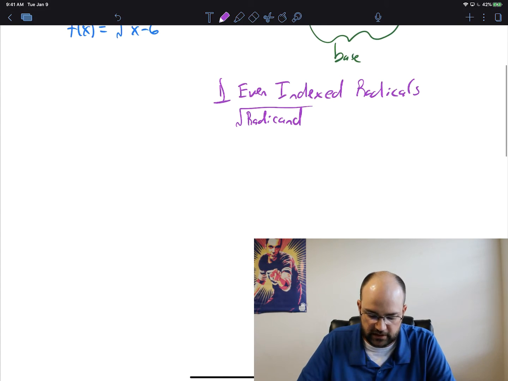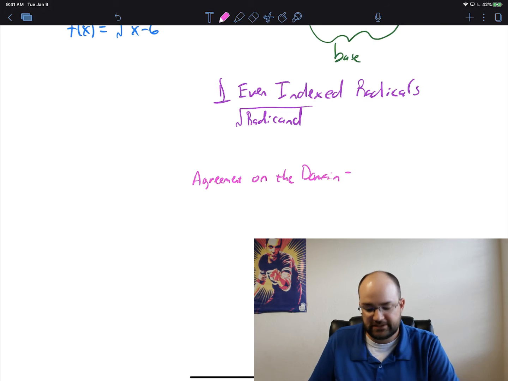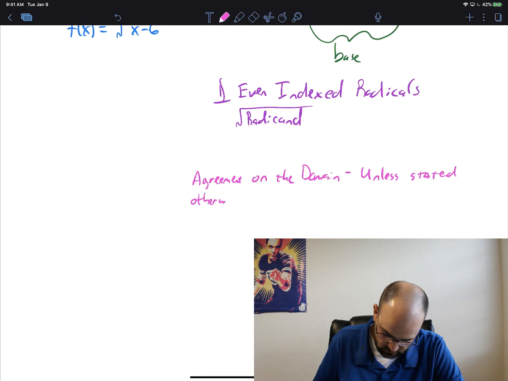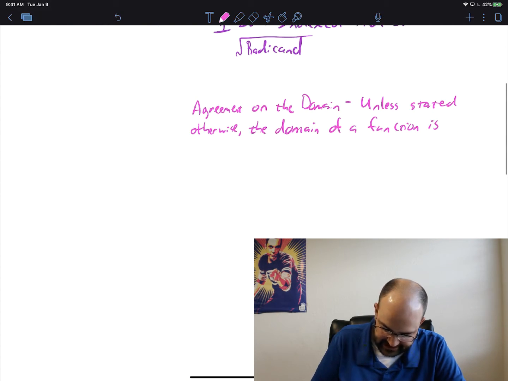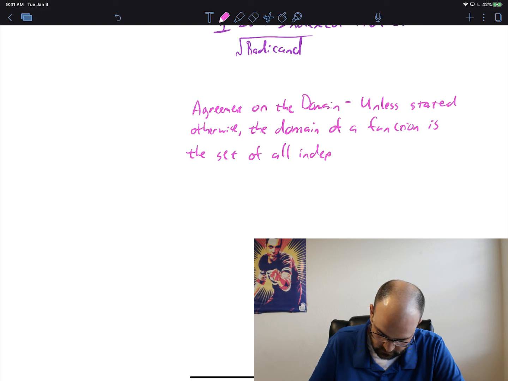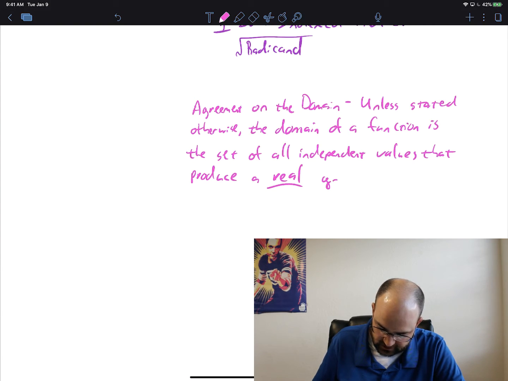Let me go ahead and write that down here. It basically says, unless stated otherwise, the domain of a function is the set of all independent values that produce a real y value, a real dependent value.